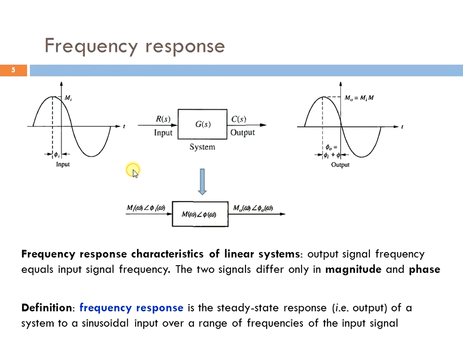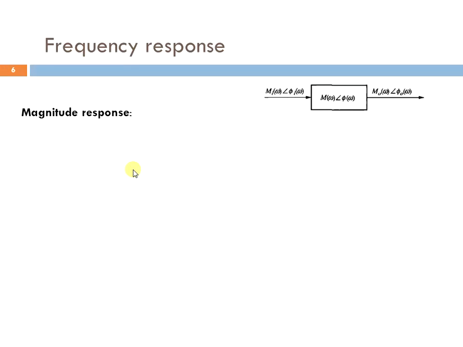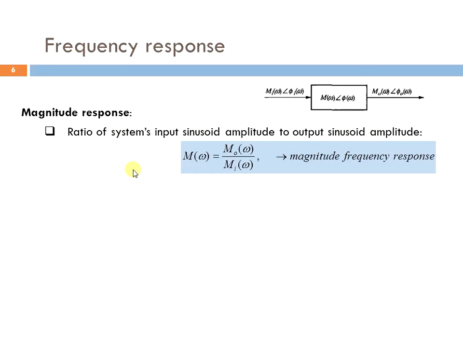So the definition for a frequency response of a system essentially consists of two components. The magnitude response is the ratio of the system's output sinusoid amplitude to the input sinusoid amplitude, and is given by this ratio.